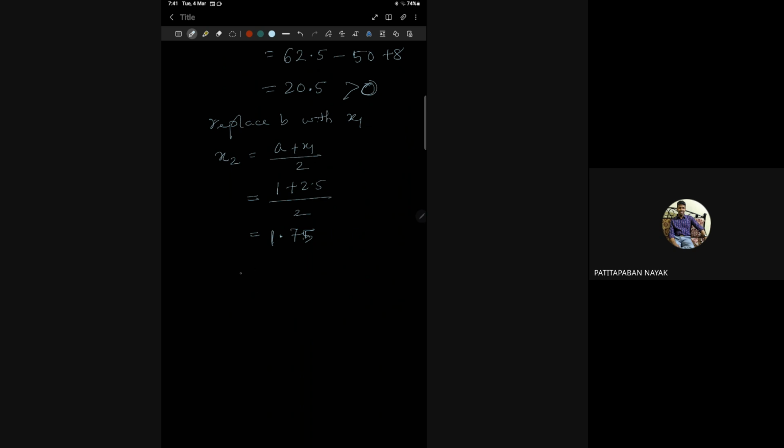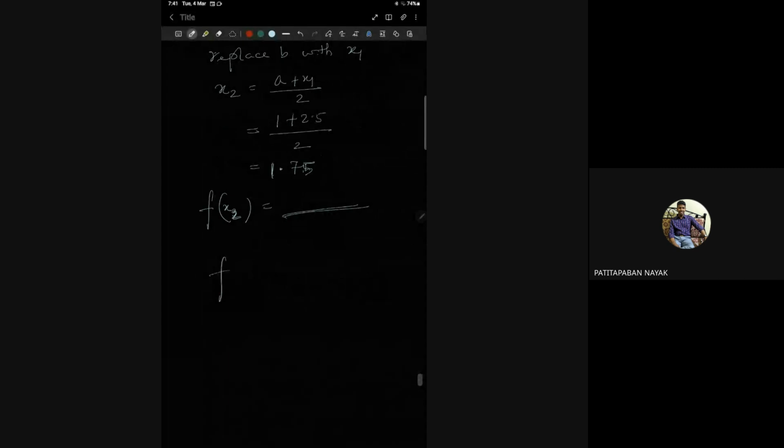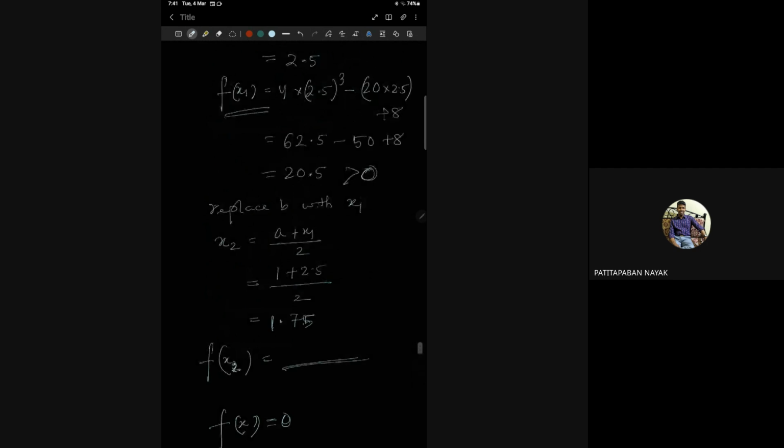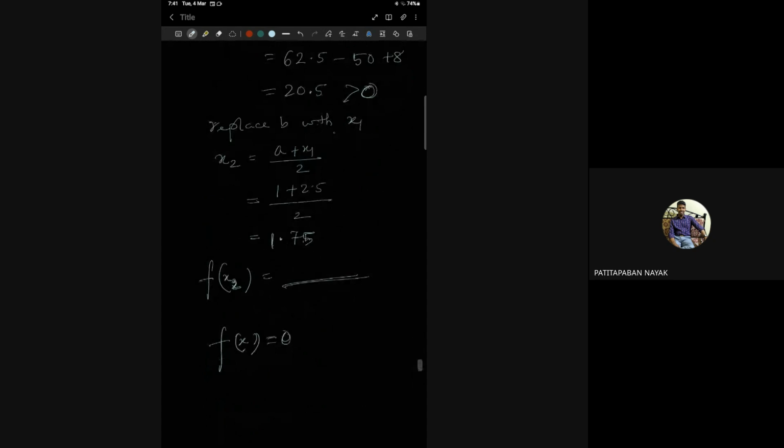Now again you have to find out what f of x2 is. That you can do, and you will keep on doing this until you get f of x equal to 0. See how I started with a and b, my guess, and then I am finding the midpoint.